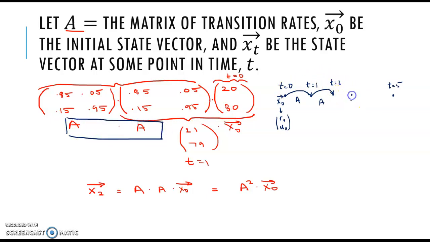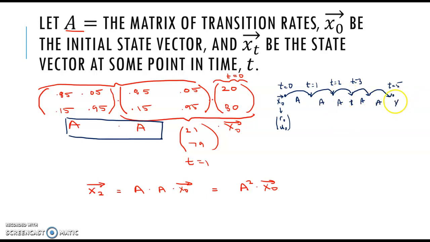And you're probably getting the idea here that to get to time 3, we're going to multiply by A again. And that would show us that that's the same thing as taking A cubed. Time 4, multiply by A again. Time 5, multiply by A again.